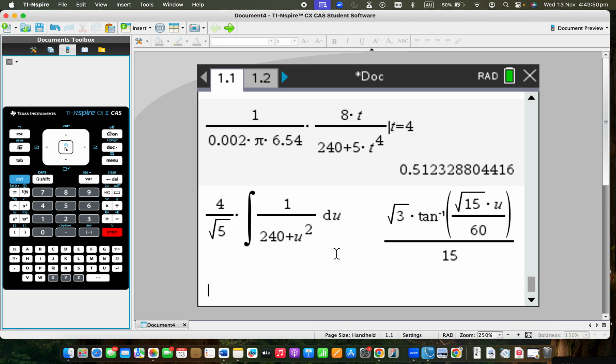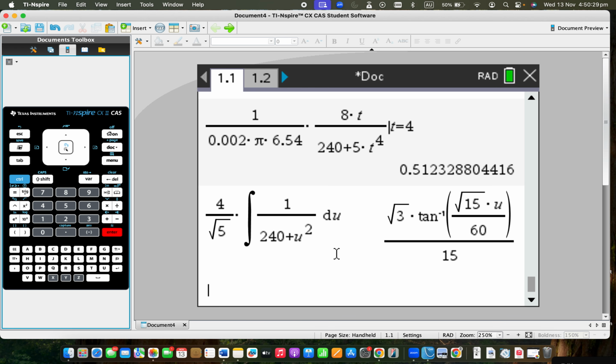Arctan. Now again, we've got root 15 over 60, which is 1 on root 15 times 4. So this is root 15 on 15 times 4, and root 15 on 15 is 1 on root 15, so 1 on 4 root 15 u.